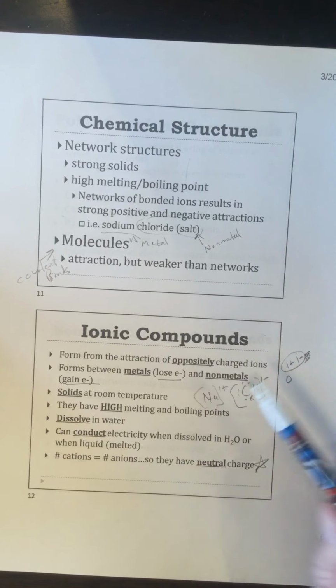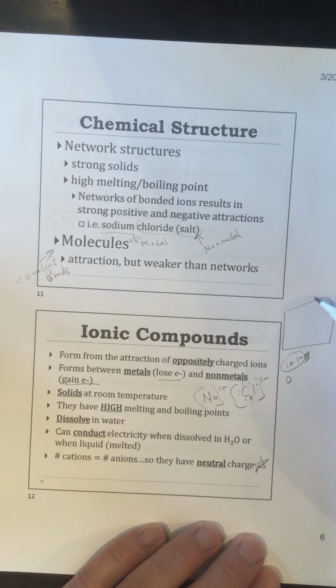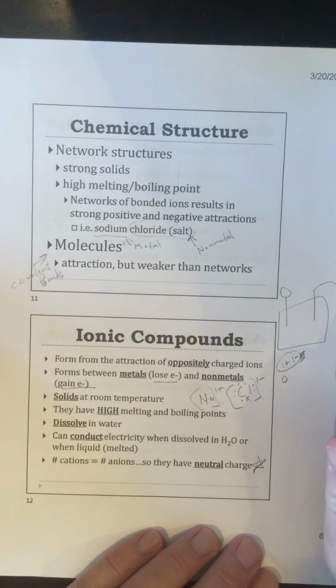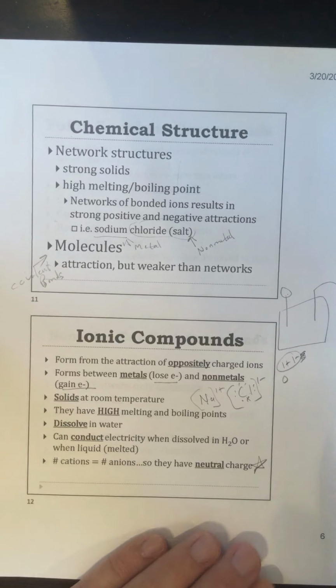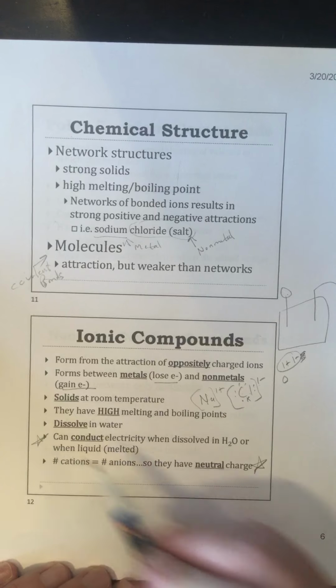Okay. Like there'll be a separation of electrodes. So maybe here's your light bulb over here, and then this side will be hooked to the electricity. And if there's no ions, this bulb will not light up. But if we poured table salt in there, this light would turn on because it's able to conduct electricity through it. And that's what it's talking about right here.